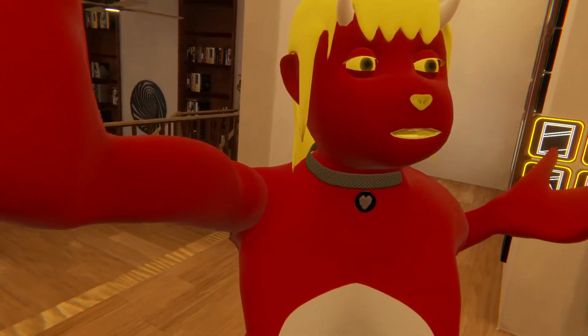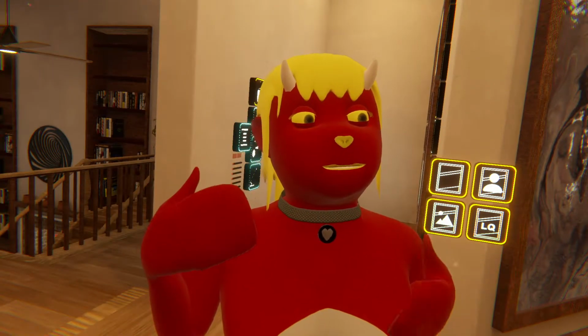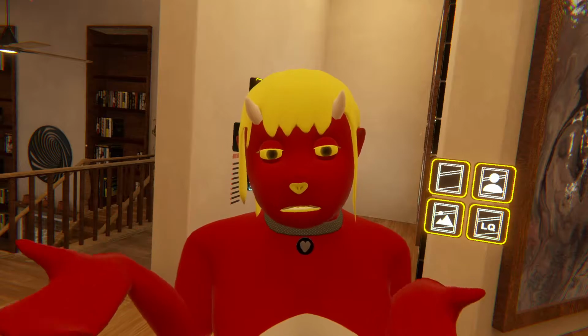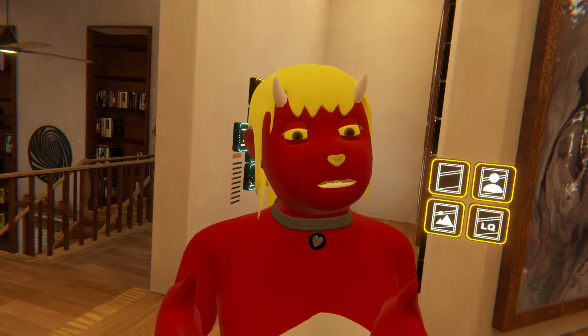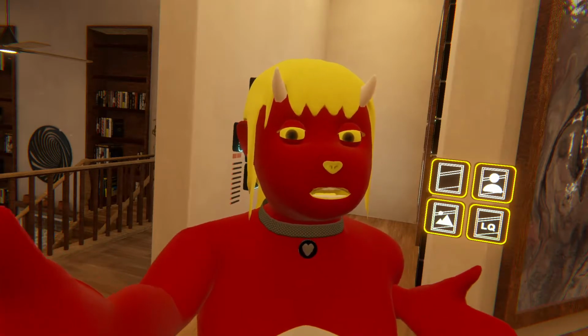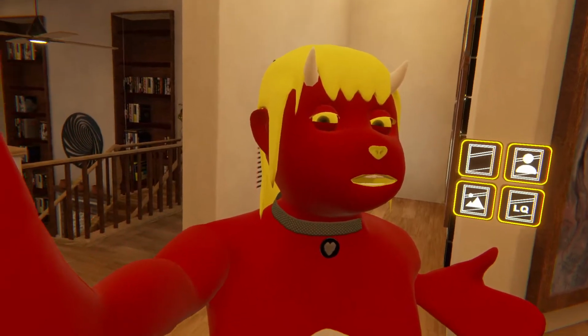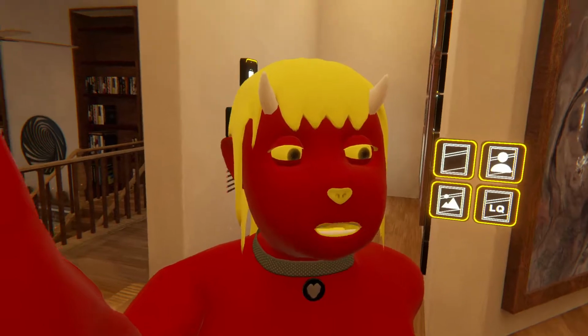So it turns out that VRChat was trying to correct for having an armature that was way out of scale, and so it was just going to a default armature, which I guess is an okay failure mode. Anyway, this is all working now, and it's really cool.